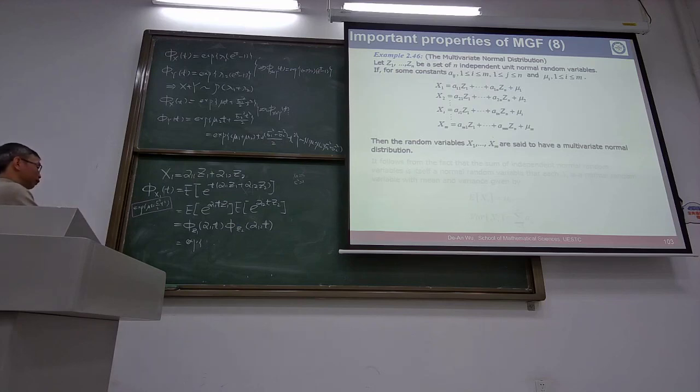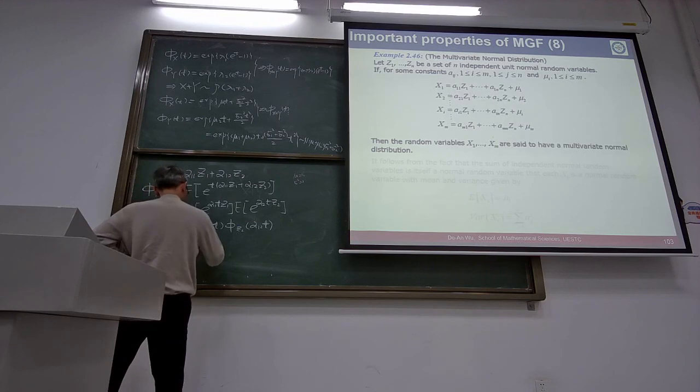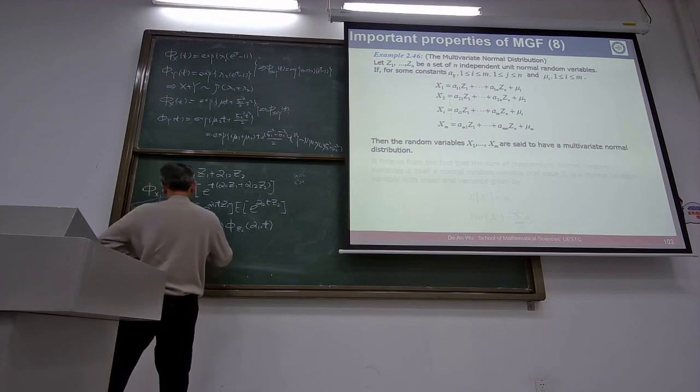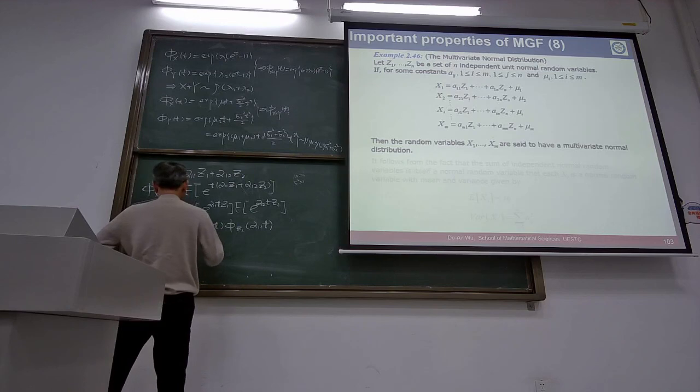Because mu is 0, sigma here just equals 1 over 2 t square, where t square means alpha 1 1 t square.